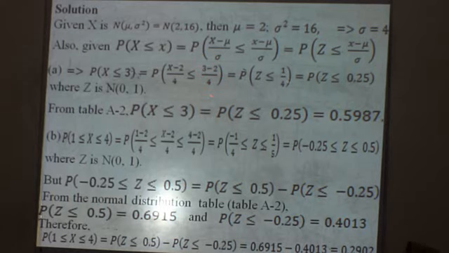In effect, we will end up getting 1 over 4, which in decimal fraction is 0.25. So it will then be read as probability of Z less than or equal to 0.25.